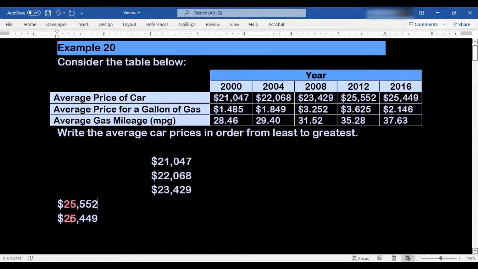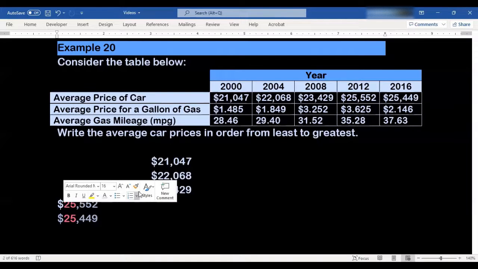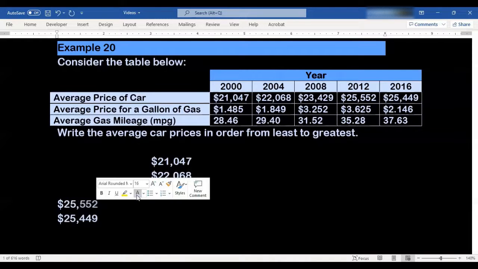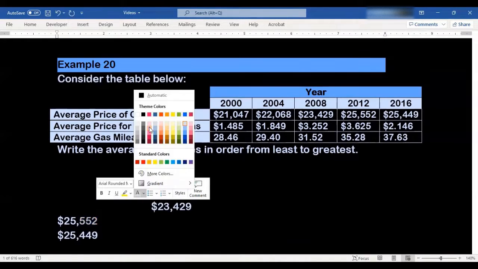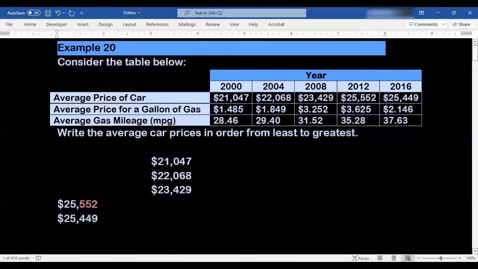Now these two numbers both have 25 in the thousands place, so I'm going to have to move over to the ones period to compare them instead. Let's look at what numbers are in the ones period. In the first number, we have 552, and in the second number, we have 449. 400 is smaller than 500, so 449 is a little bit less than 552.